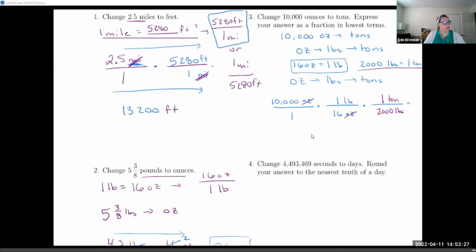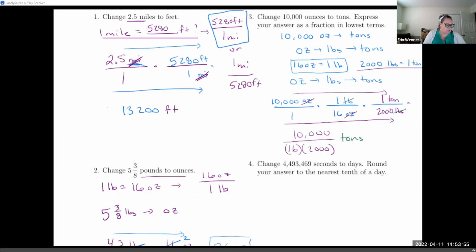Okay, so now you can see everything that I've been writing that wasn't showing up. So we're going to multiply straight across the top and straight across the bottom, which is going to give us 10,000 over 16 times 2,000. And because our units of measure have canceled throughout, right? These pounds cancel with those pounds. I just have tons left.